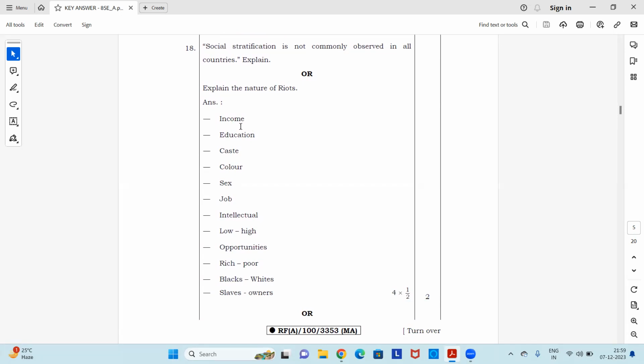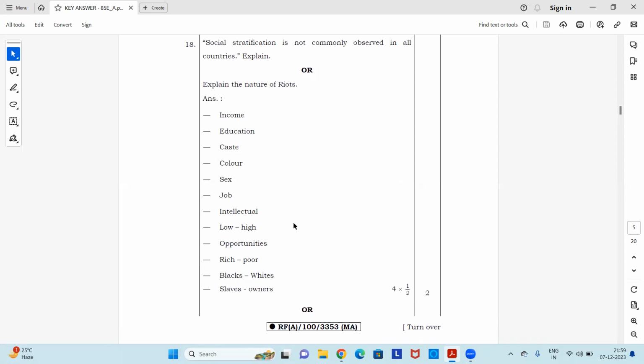Because you can see the variations in income, education, caste, color, sex, job, intellect, low and high opportunities, rich, poor, blacks and whites, slaves and owners. So these are some of the obstacles, and so it's not commonly observed. Social stratification is thus not observed because of these causes. Okay, so you need to write in sentences, not just words. These are just key points highlighted here, so that you remember the points.